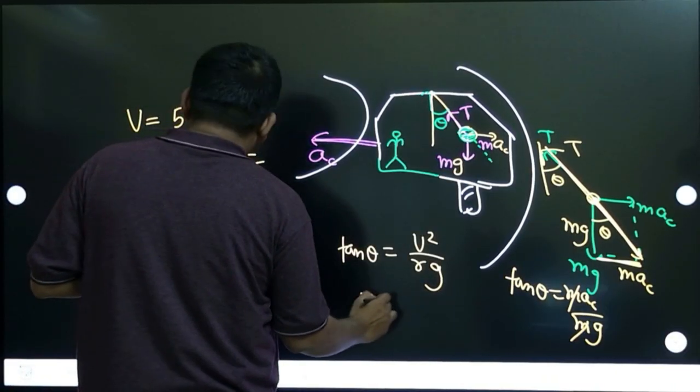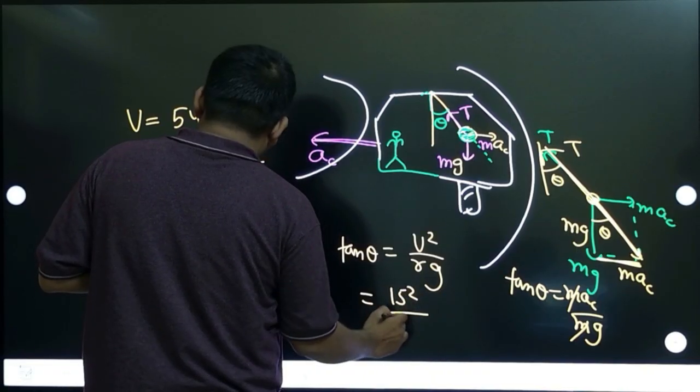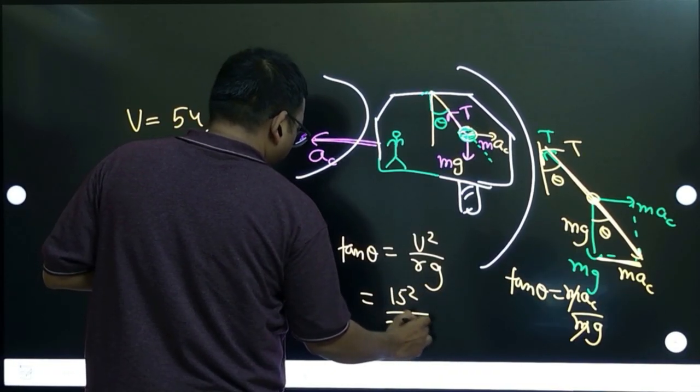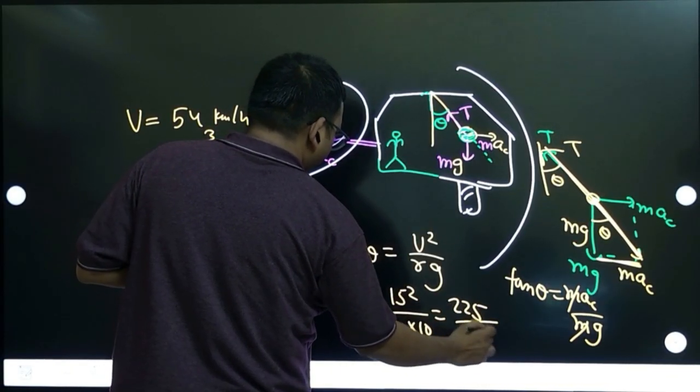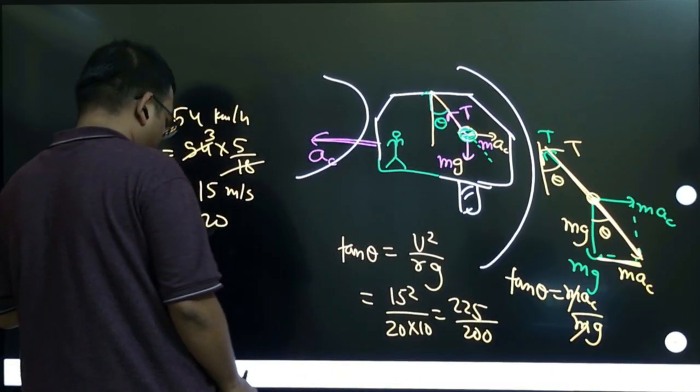So calculate tan theta. So 15 square by 20 into 10. That is 225 by 200. This you calculate.